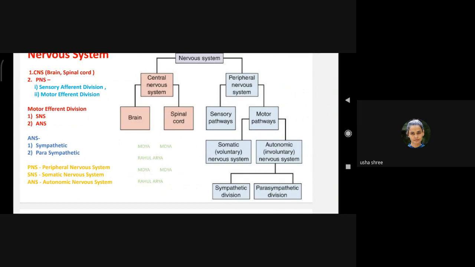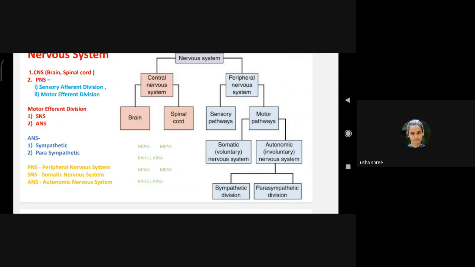Some other things, like heartbeat. When we need more cardiac output, or when we are stressed, or in an emergency situation, our heart starts beating fast.